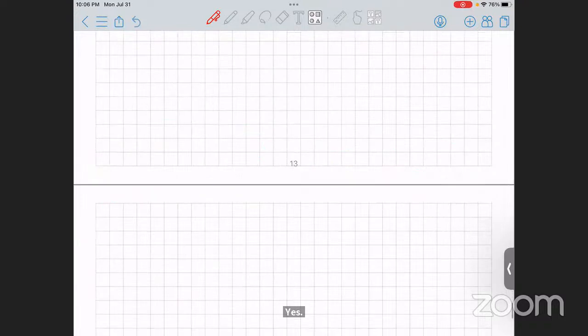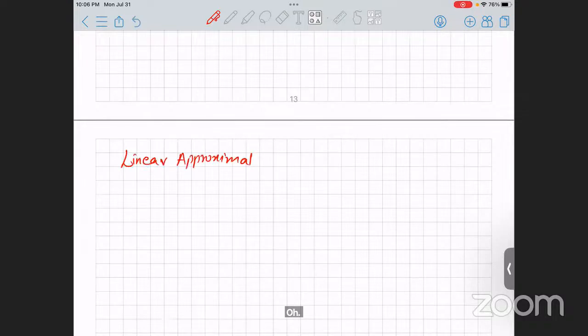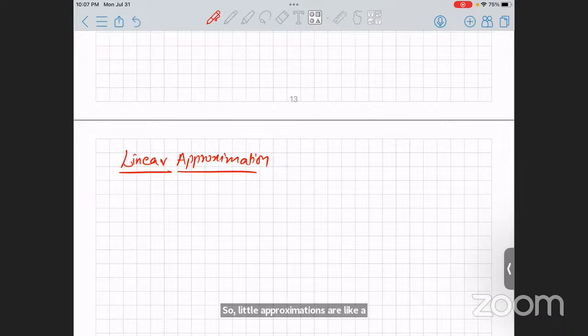Now we can go to linear approximations. What is linear approximation? Linear approximations are values that are close to, but not exactly equal to, the value of a function at that particular point.